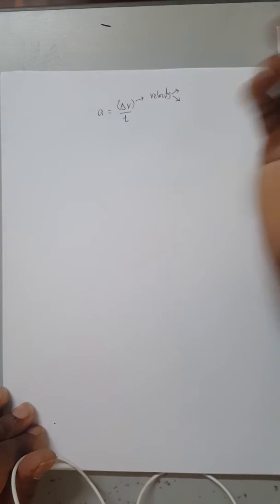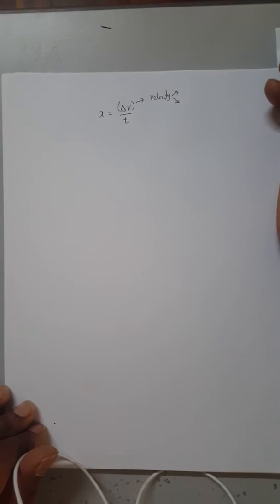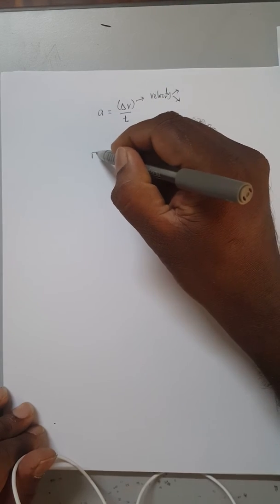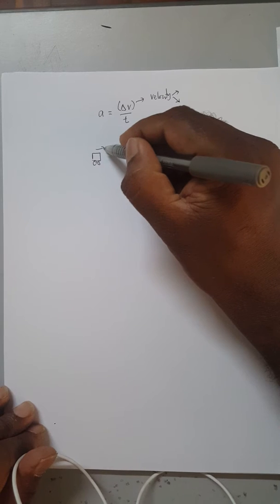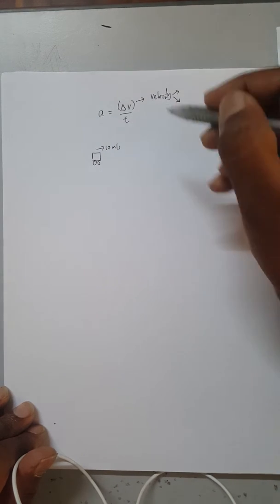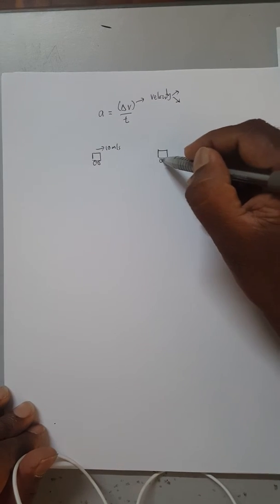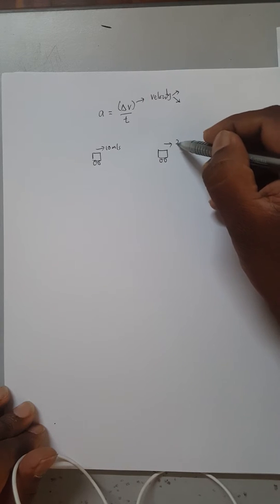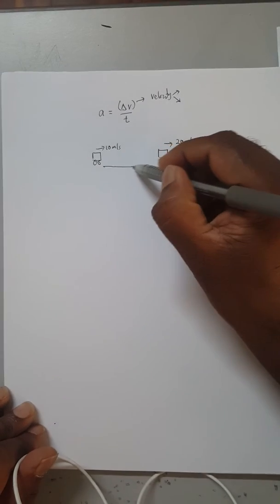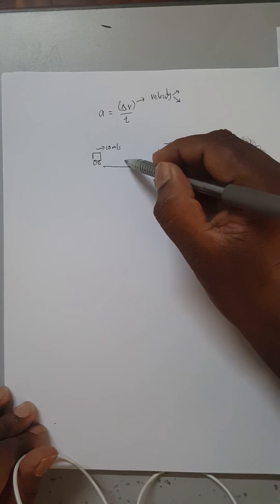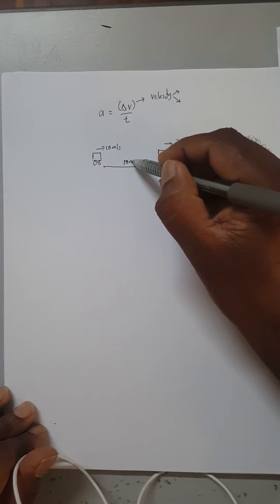For linear motion, let's say an object starts from here with 10 meters per second and reaches a speed of, let's say, 20 meters per second. The time taken is, let's make it easier, 10 seconds.